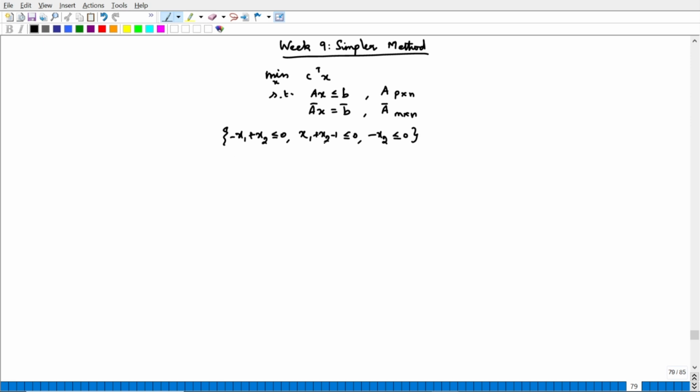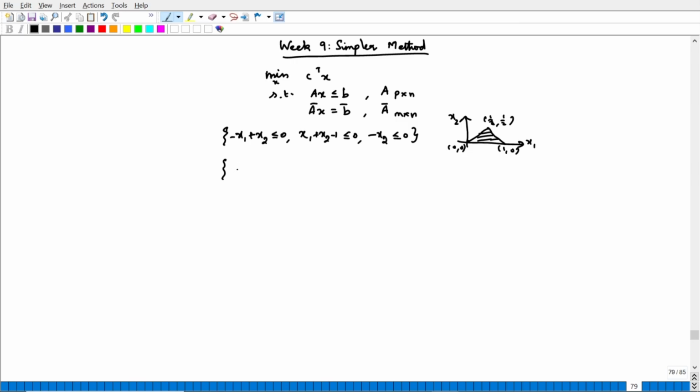We just saw that this was a triangle, with vertices at half comma half, 1 comma 0 and 0 comma 0. This was the constraint set, and in this case it turns out to be a triangle. Let me give a few more examples, maybe 2 or 3.